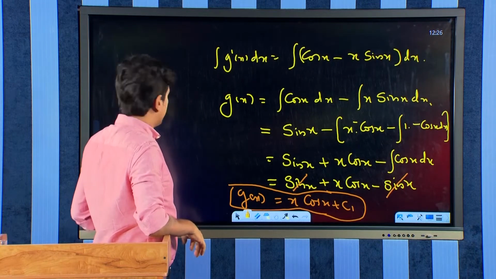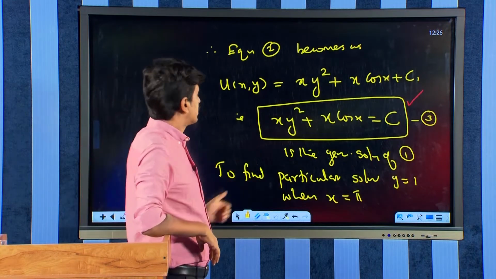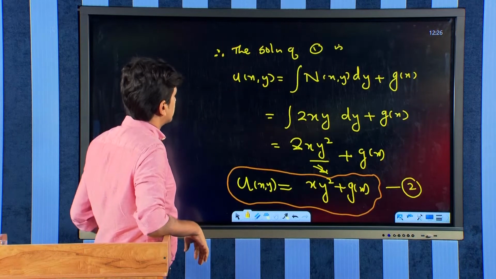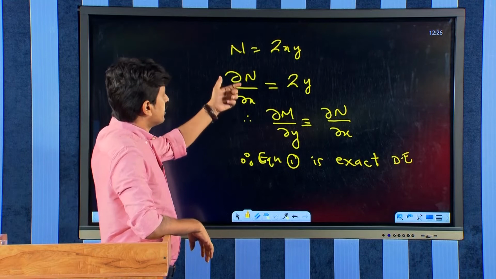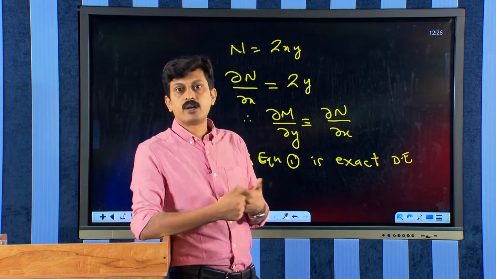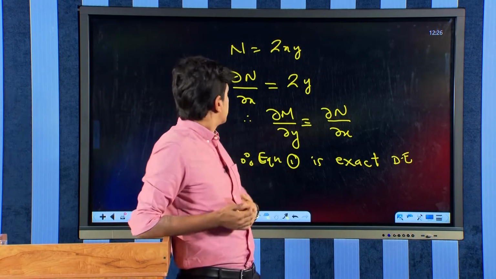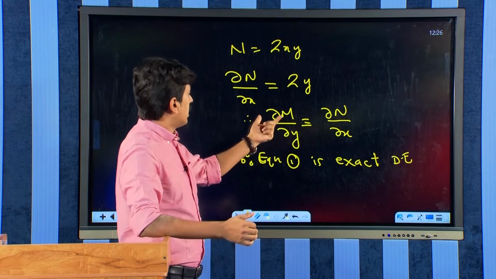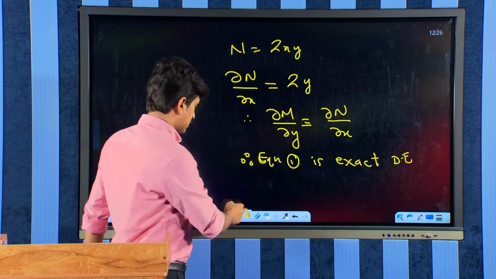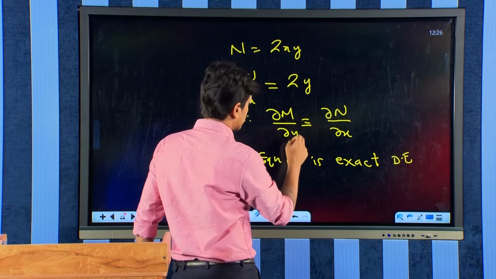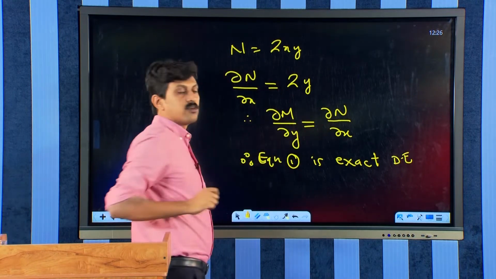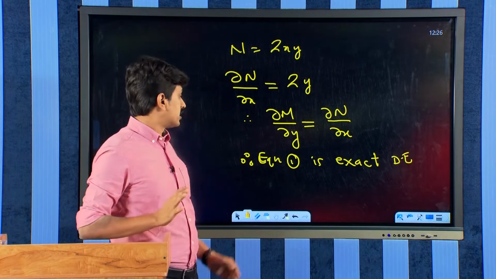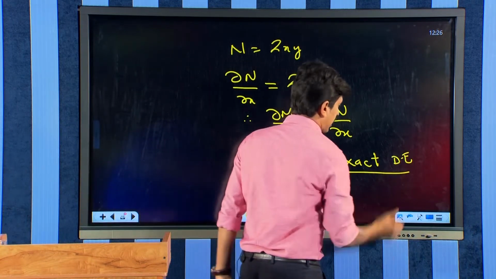In all the cases that we have done before, we start by finding dou m by dou y as well as dou n by dou x. From there we check whether dou m by dou y is equal to dou n by dou x or not. If they are equal, we can say that the differential equation is exact.